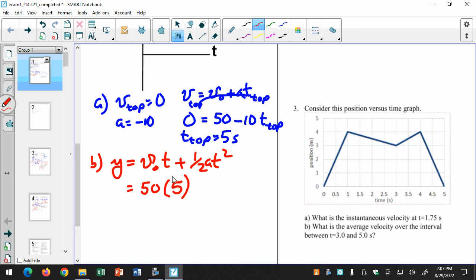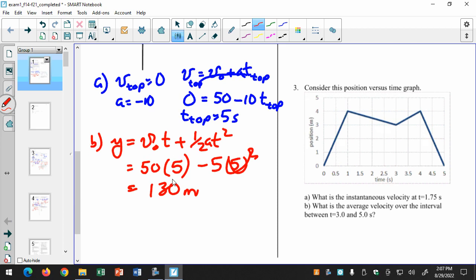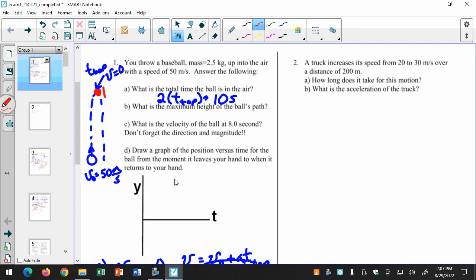I don't put in 10 seconds. In fact, you'll see if you put in 10 seconds that you get 0 for the location, because that's where it is at 10 seconds. Minus half of negative, or plus half of negative 10 is minus 5, times 5 squared. That's 250 minus 125, or 125 meters. Okay, so that gives me the position at the top. So up here, I have 125 meters.